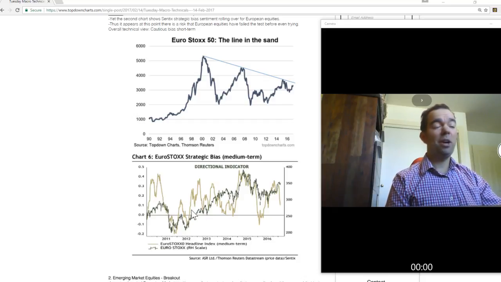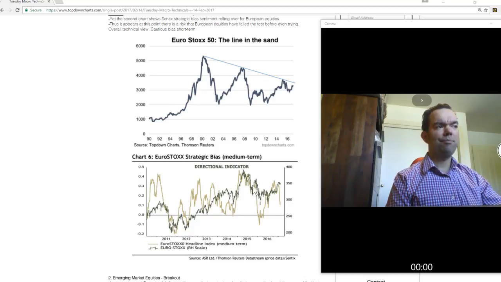The best case scenario maybe is that you just get a little bit of a pause or a small pullback, as you did in these ones here. But we've seen it quite a few times where the next few weeks and even months of market activity after that kind of pattern generally doesn't trade very well.